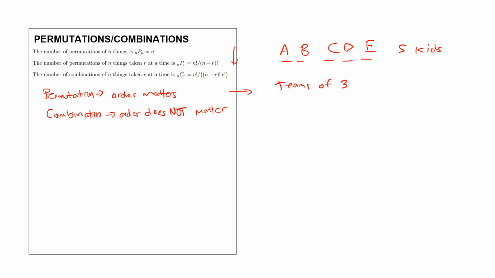Now, in a permutation, having A, B, and C is not the same as having C, B, and A. So this is more like if you were running a race. Let's say these 5 kids were actually running a race, and they were coming in 1st, 2nd, and 3rd place.